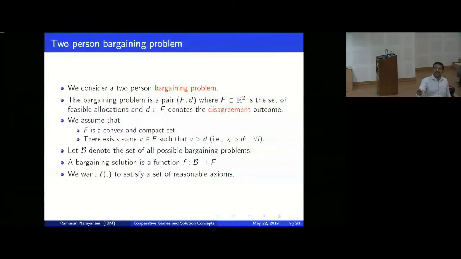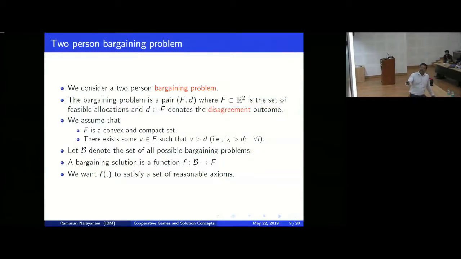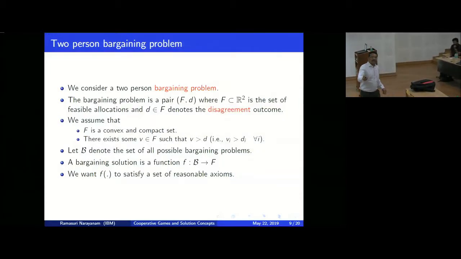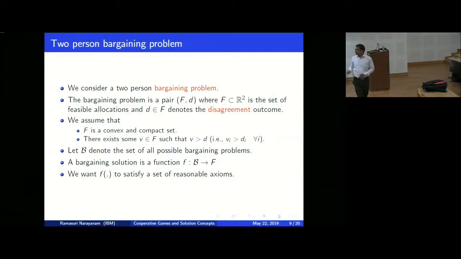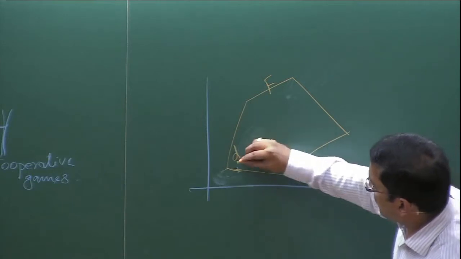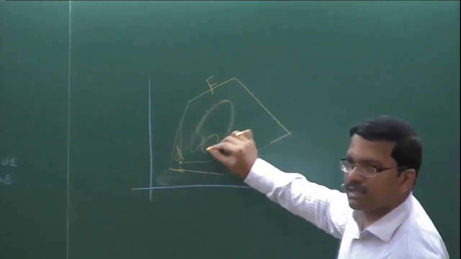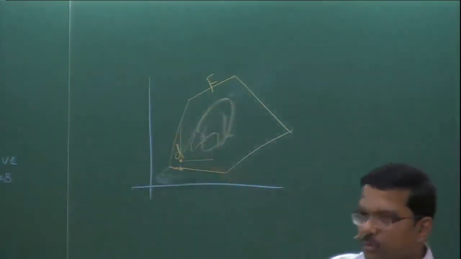And there exists some element v belonging to F such that v should be greater than the disagreement point. So in this case, you can easily see that any point here, all these points qualify to be v's, right?